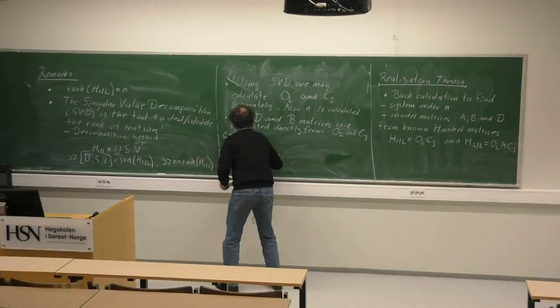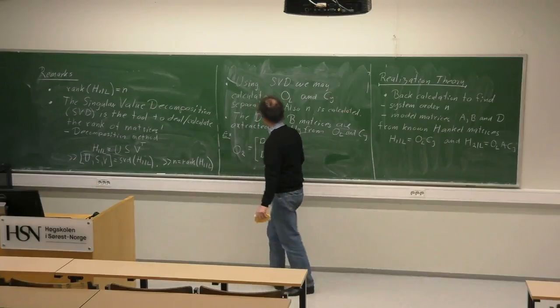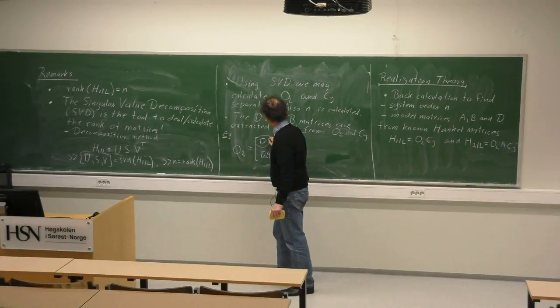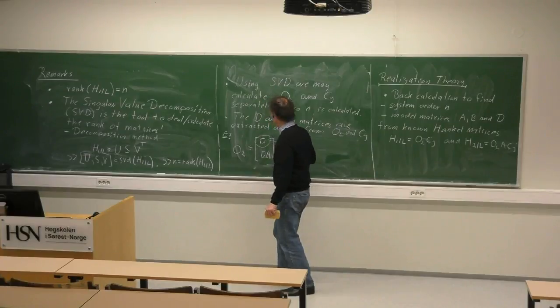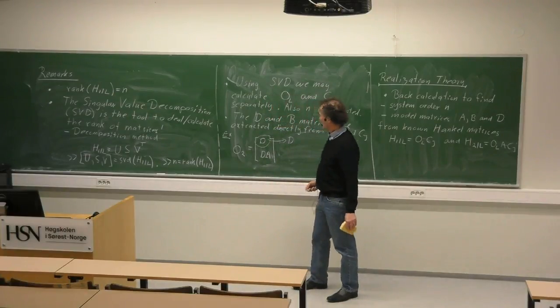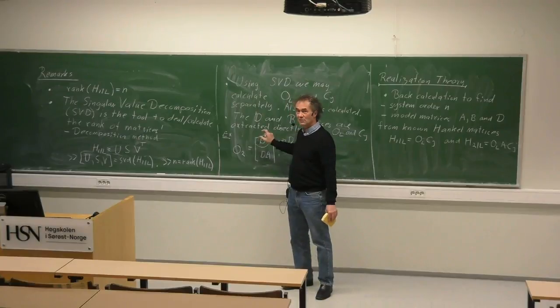Then we calculate O2. And we know that this one is D over A, like this. Then the upper part here is D, simply. The M first rows, you can pick out the D matrix.